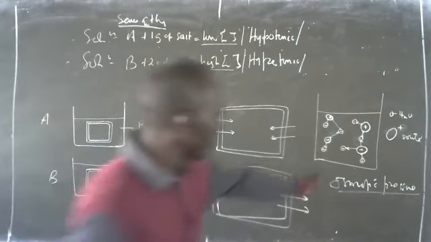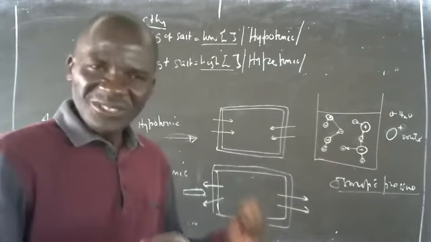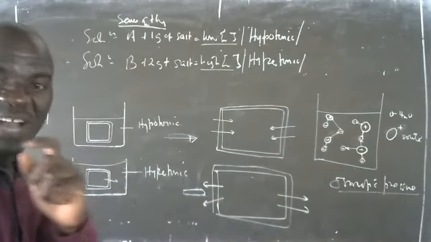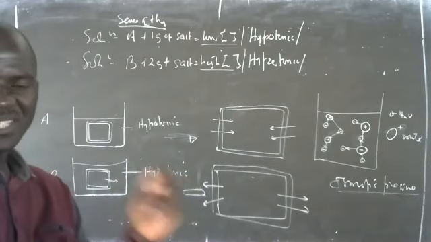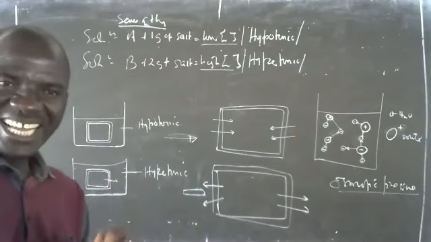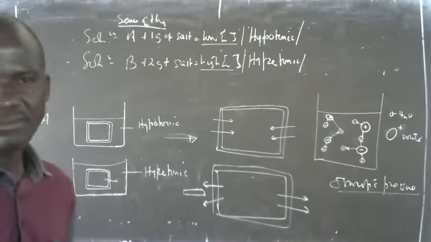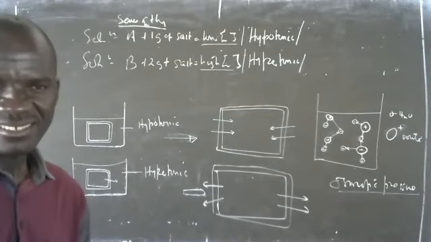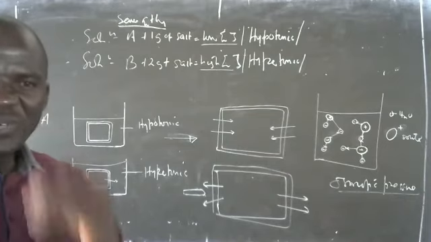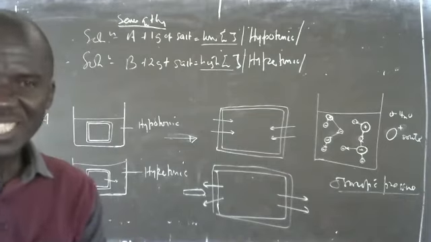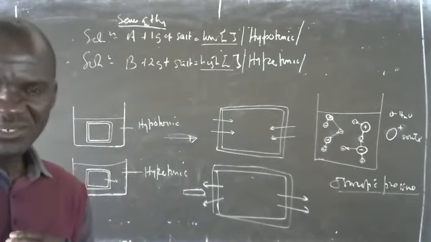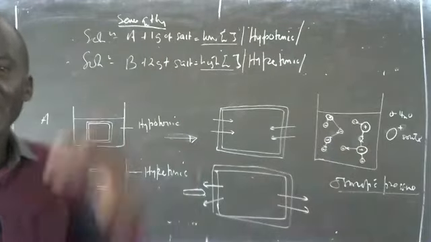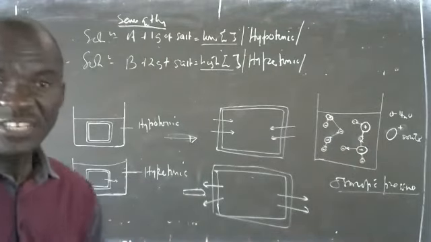But I want to connect it to here. If you have too much solute in a solution, that means that solution cannot lose water, but it can gain. Because most of its water is bound to the solute, is attracted by the solute. So it has a higher chance of gaining than losing.